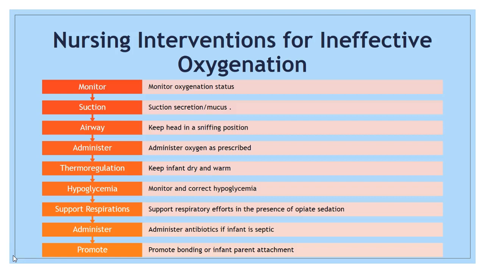You want to make sure that in the presence of any type of respiratory depression or respiratory compromise that you have resuscitative equipment available. You want the appropriate size ET tubes. You want a laryngoscope with a light that works. You want to make sure that you have the appropriate size bag and mask.